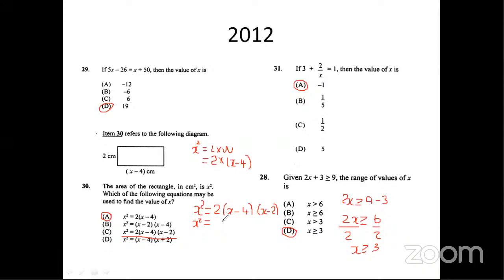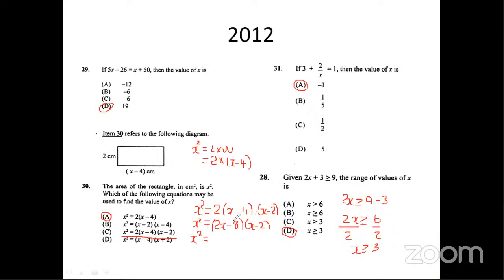The 2 times x gives us 2x. 2 times our -4 gives us -8. But we still have one next bracket where we have to deal with in the same way. We have x minus 2. So we still have to continue to remove brackets again, still writing our x squared because it's a part of our equation.